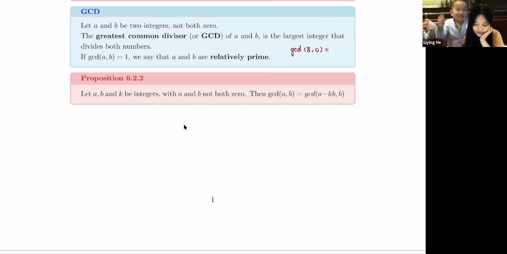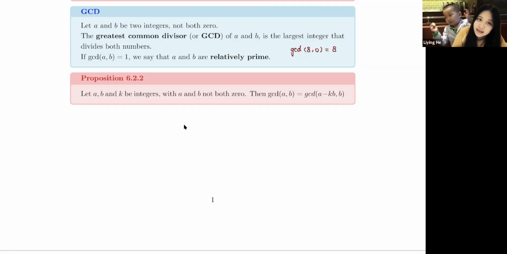Well, we know that A, B cannot be both 0, but what if one of them is 0? Read this part: the largest integer that divides both numbers. Not 1, not 0, 8 is the correct number. Why is that?